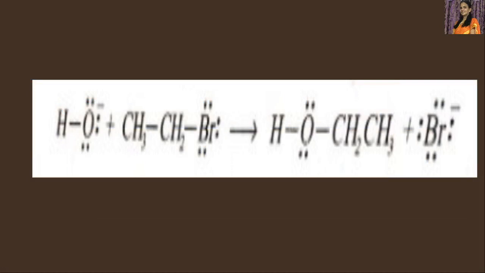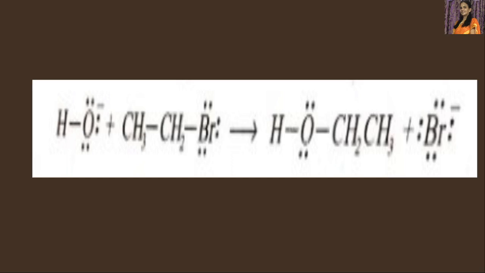Here OH minus of the base goes and attacks this substrate. Then we get a new sigma bond formed between the nucleophile of the reagent and the carbon atom of the substrate. Then we get a new bond formed between this carbon and OH.